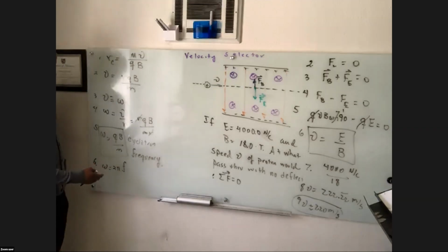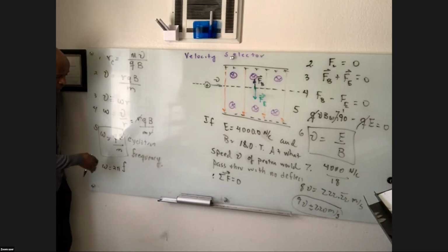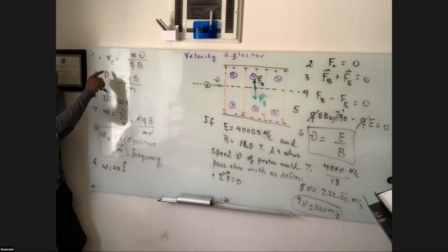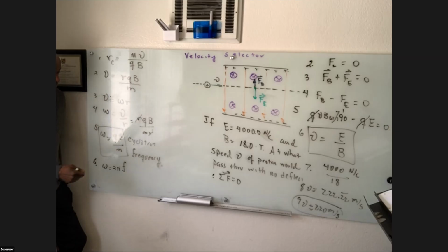All these are mechanics things that you should have defined in mechanics when you did oscillations. So I'm not going to review where that comes from, but it's just definitions. Once you get the velocity and the radius, you can just find all these other little things. So they do that for this cyclotron resonance problem.